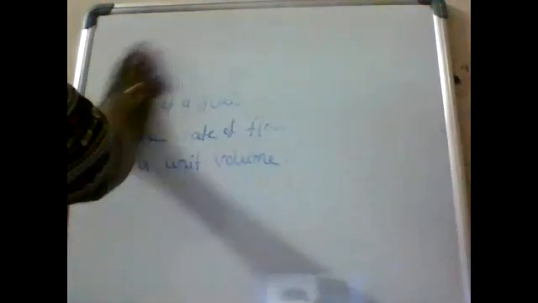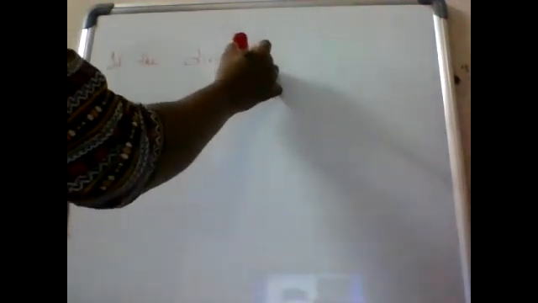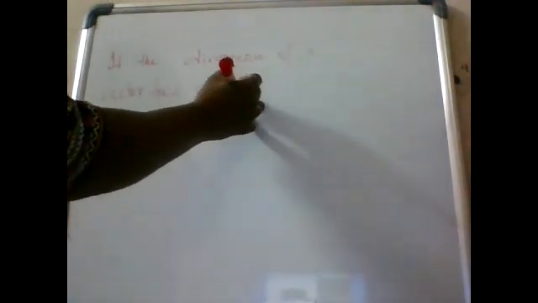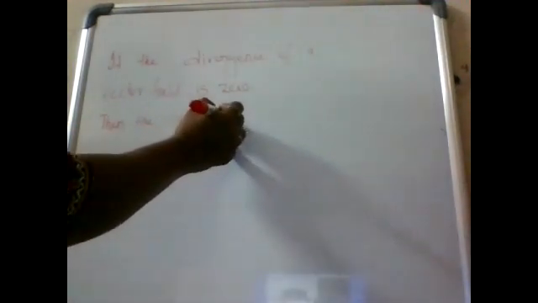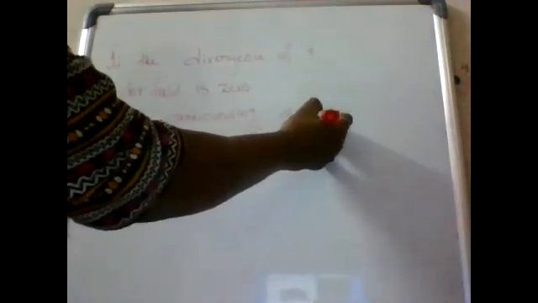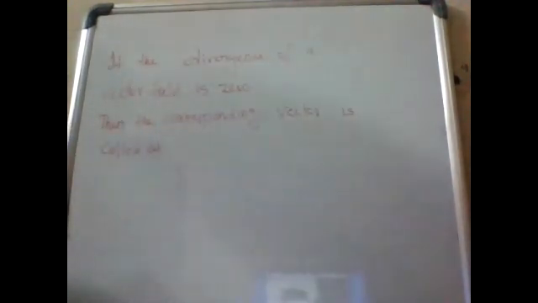Next, the last point. If the divergence of a vector field is zero, then the corresponding vector is called a solenoidal vector.